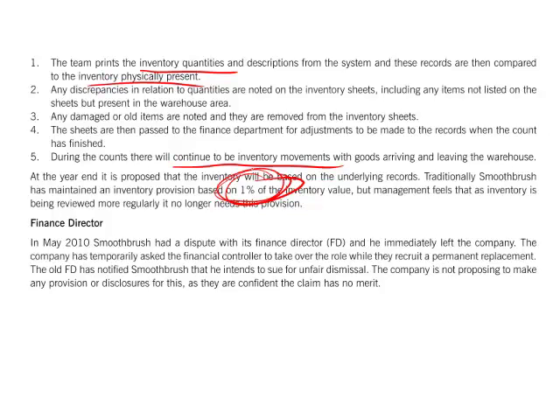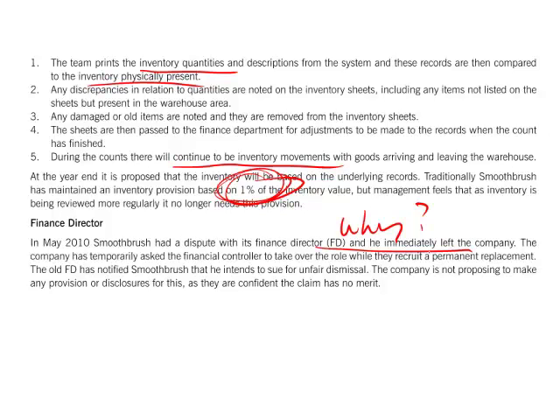In May, they had a dispute with the finance director and he immediately left the company. And we have to think why. What was the dispute? Was it that the internal control system had faults? Was it that a fraud went on? What was the nature of this dispute?